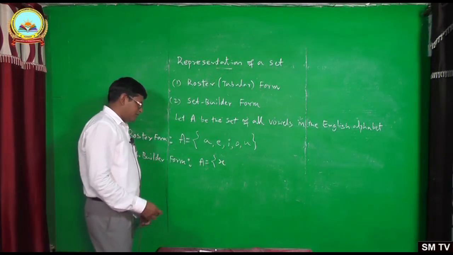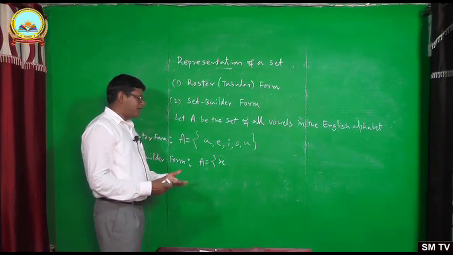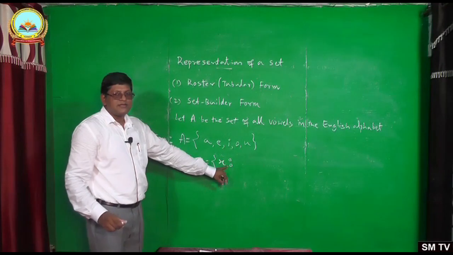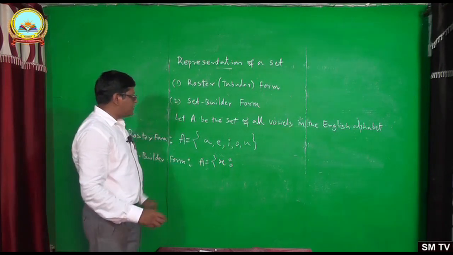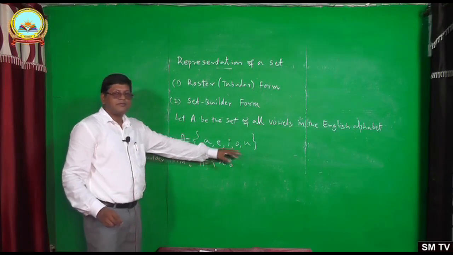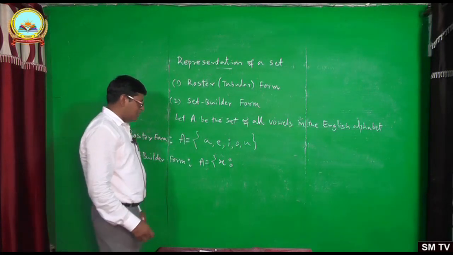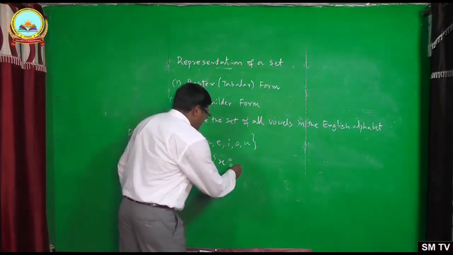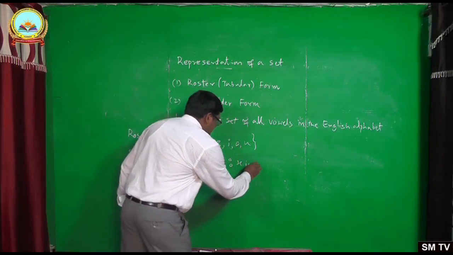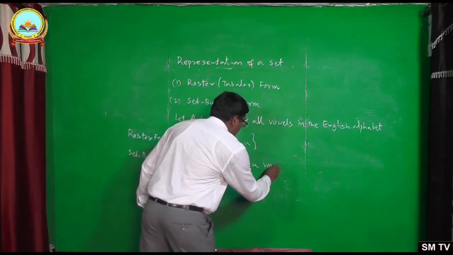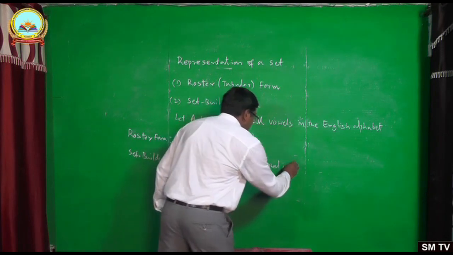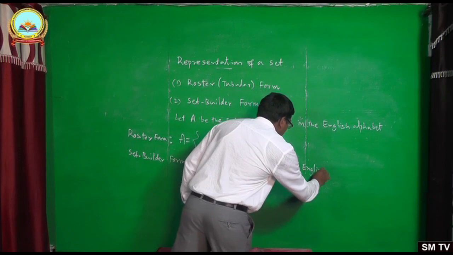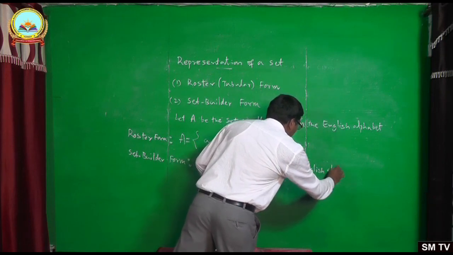Instead of x, you can also write y or any other variable, such that, we use the symbol colon for "such that". What is the common property satisfied by all these elements of the set? All are vowels in the English alphabet. So, we write x is a vowel in the English alphabet.